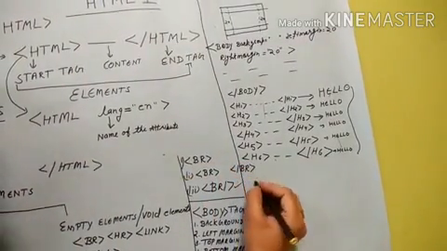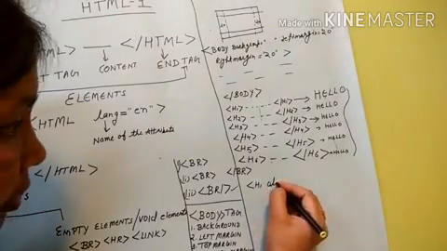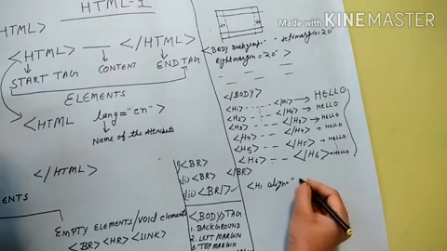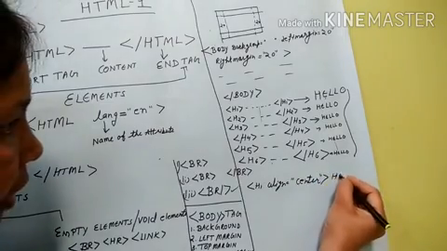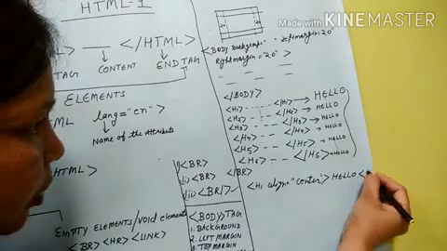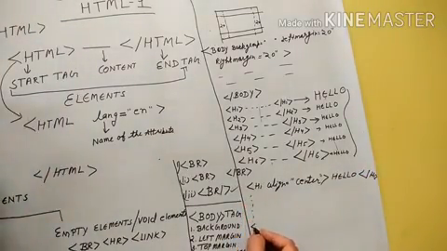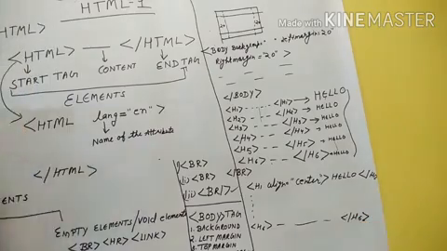For that, you can use H1 align. This is the name of the attribute, equals to, suppose value is center. And here I have written hello and closed H1. Same way for H up to H6, we can see the difference after writing it.